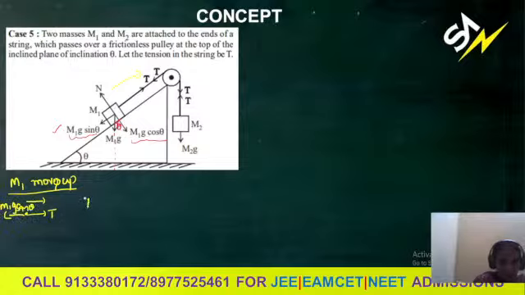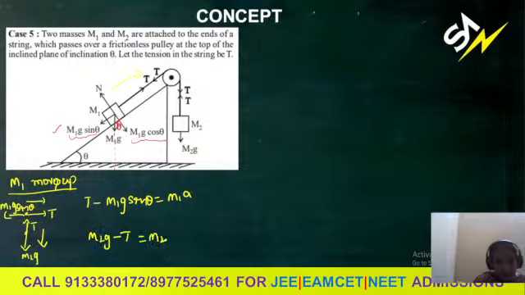So resultant force means T minus M1G sin theta will be equal to M1 into A. Next, second object, that is M2, its weight acts downwards, tension is along the string. When M1 moves up, M2 moves down, so the direction of motion is downward, so M2G minus T will be equal to M2 into A.